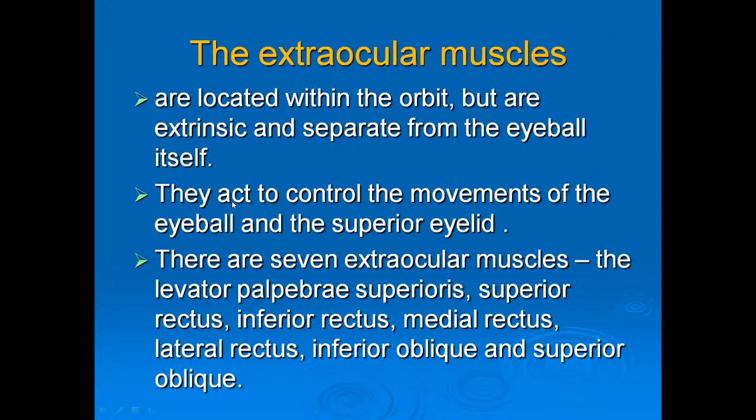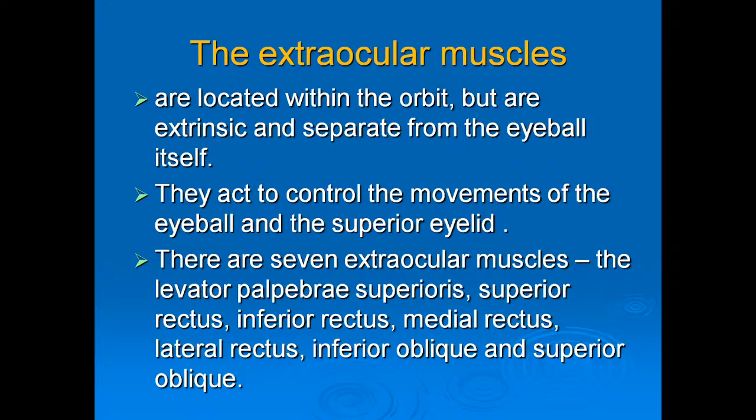The muscular apparatus includes the extraocular muscles. The extraocular muscles are located within the orbit, but are extrinsic and separate from the eyeball itself. They act to control the movements of the eyeball and the superior eyelid.